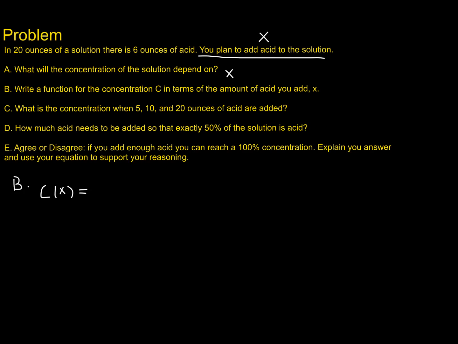So the pure amount of substance, well, I have 6 ounces already, and I'm going to add X. And then the total amount, well, I have a total of 20 ounces, so I'm going to have 20 plus X. All right, so there's my function.